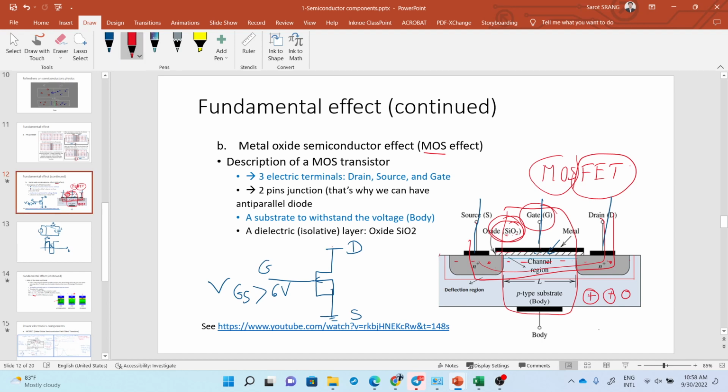Actually, when the current flows from drain to source, in order for this component to function as the ideal case, we need it to flow freely. Flow freely means no resistance in here. So it can flow freely if the field here is strong enough. Oh, I think this is a mistake.